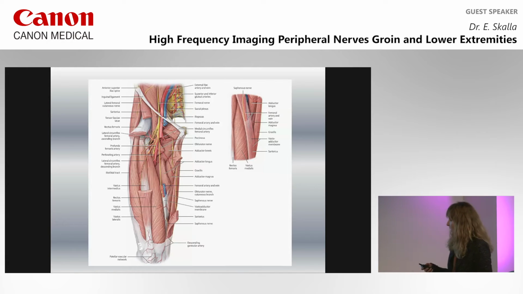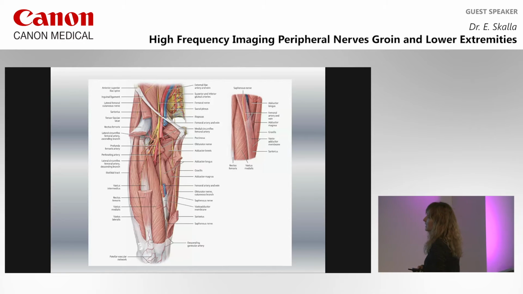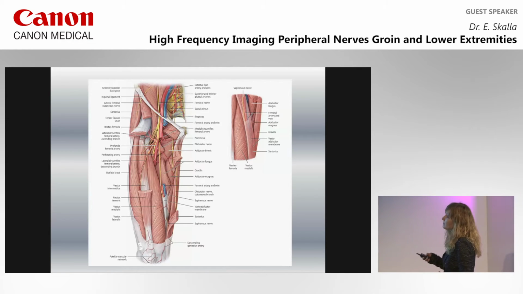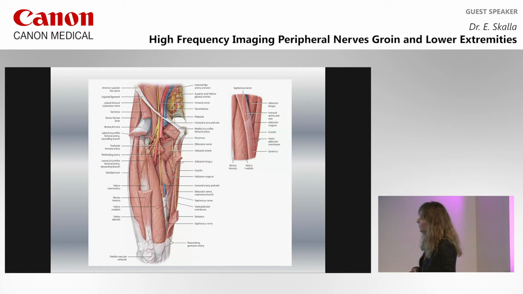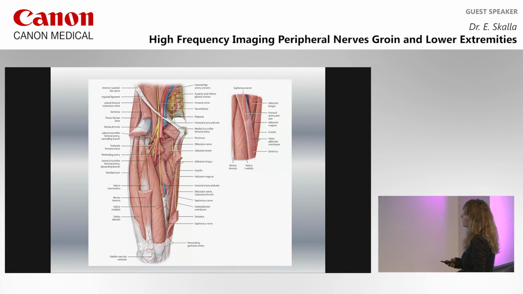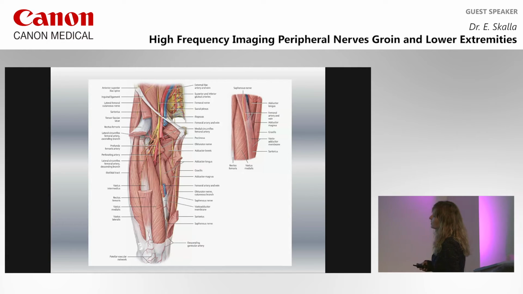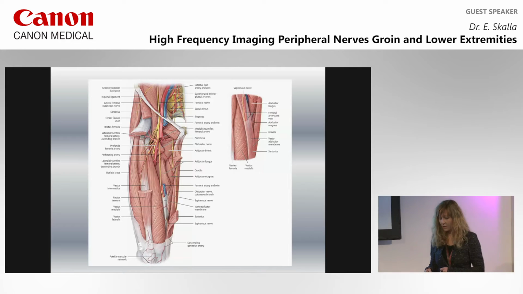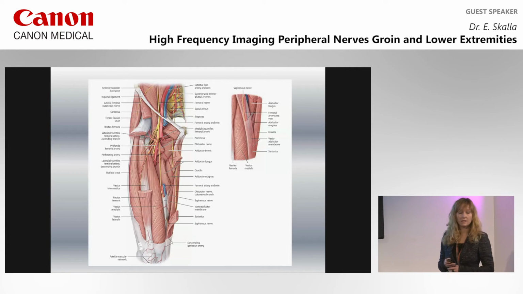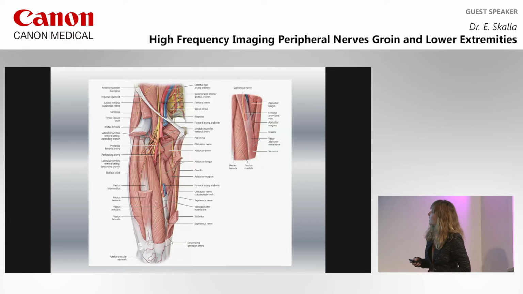It comes with the femoral nerve through the lacuna musculorum, and then exits it, runs together with the femoral vessels to the medial aspect of the thigh, enters the adductor channel and pierces it in the distal third of the thigh, and comes then to the superficial structures, and on the lower leg, it runs together with the greater saphenous vein to the medial ankle.